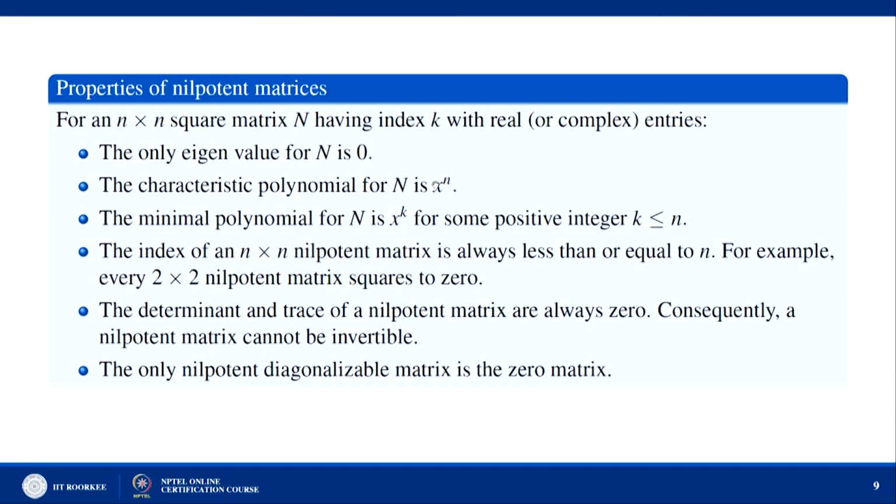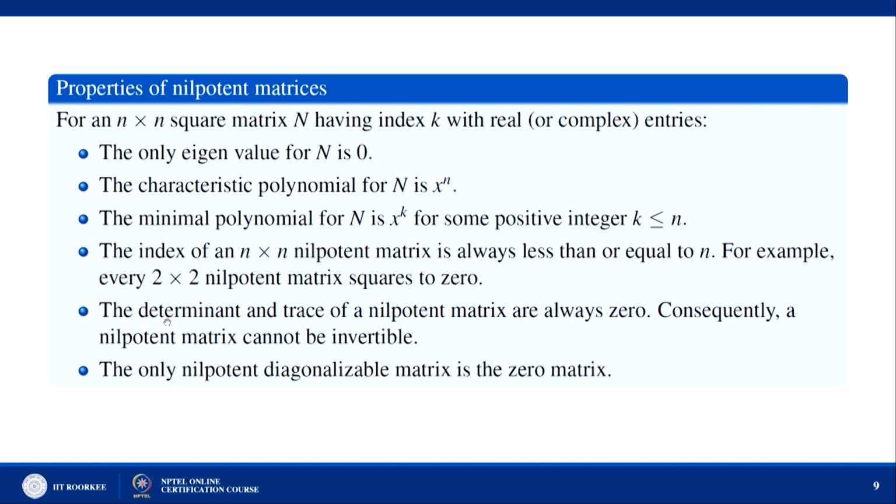Otherwise, by the Cayley-Hamilton theorem, n is the index. So this point can easily be verified using these two points. For example, every 2 cross 2 non-zero nilpotent matrix squares to 0.